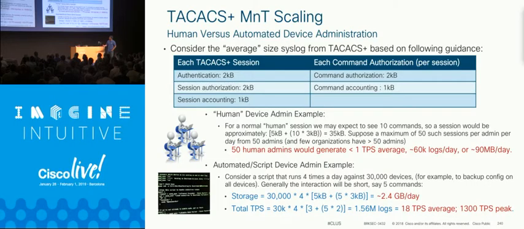For example, 50 human admins will generate less than 1 TPS on average. TPS is transactions per second. So if I have 50 network admins managing all this infrastructure, we don't see more than 1 TPS per second, right? At the same time, if it's a machine, then the TPS goes pretty high, right?